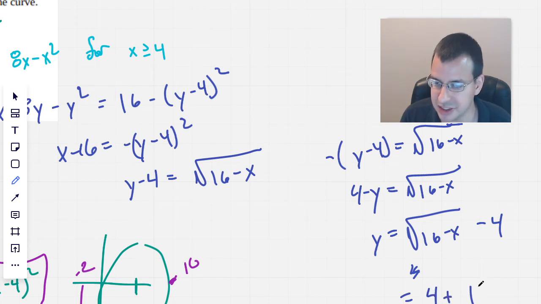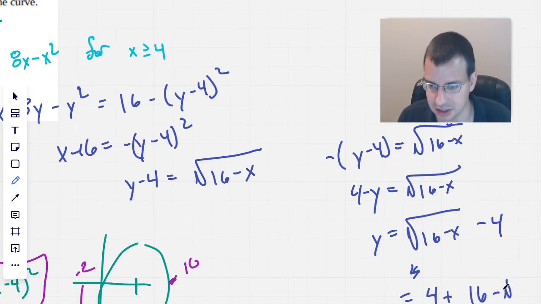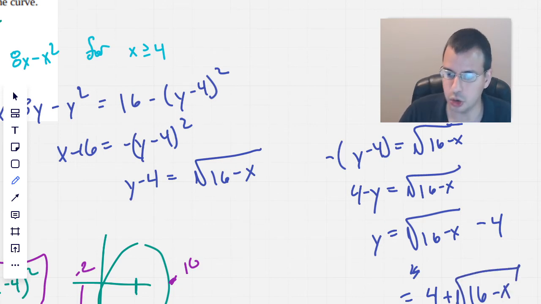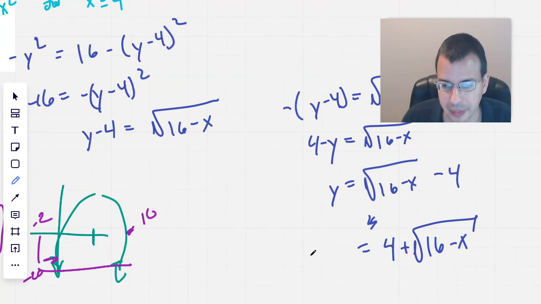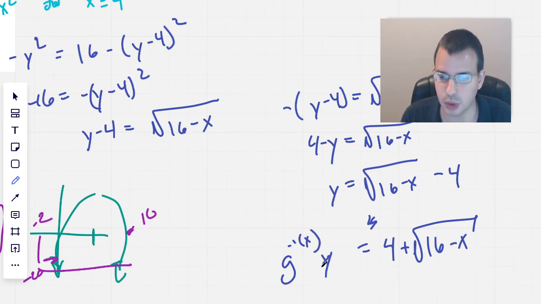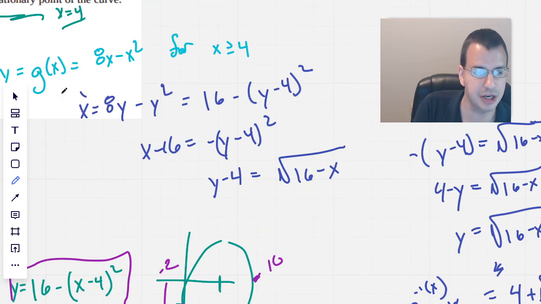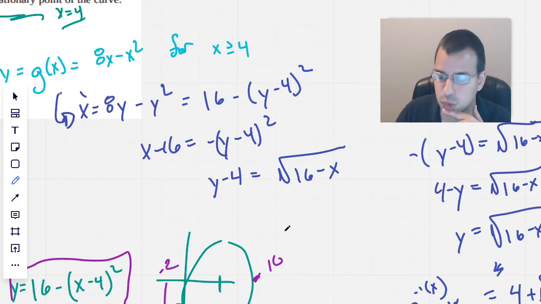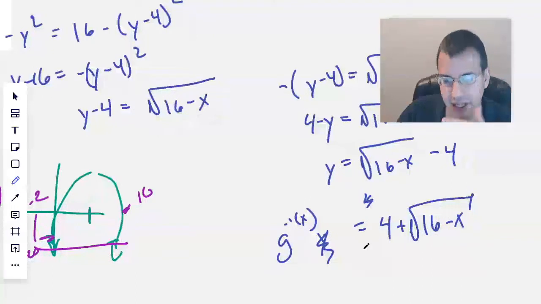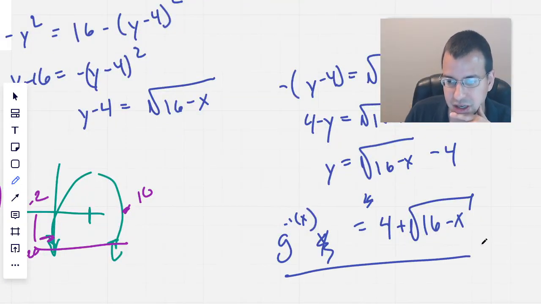So we multiply everything by negative 1. We have 4 plus the square root of 16 minus x. And this is y, which is the g inverse of x, because I swapped the x and the y's. So this y equals g of x, but as soon as I swapped it, y was g inverse of x. And so one of our answers is 4 plus the square root of 16 minus x.